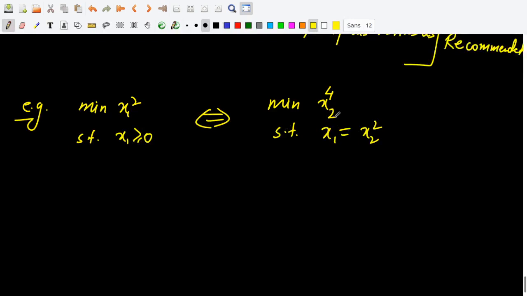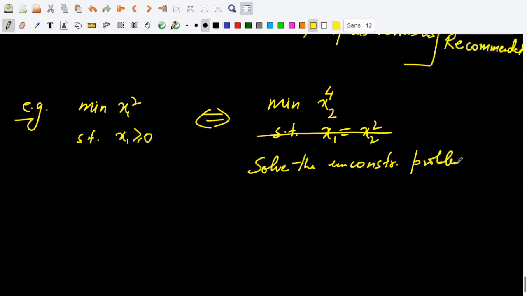Since x1 is only dependent on x2 and doesn't appear in the objective function, I can just drop it off, solve the unconstrained problem, and get x1 from x1 equal to x2 square.